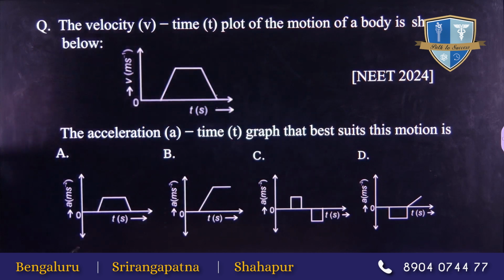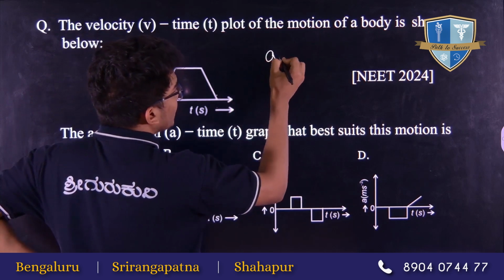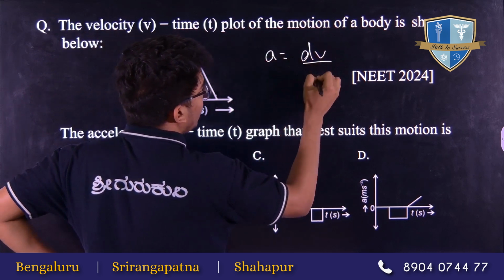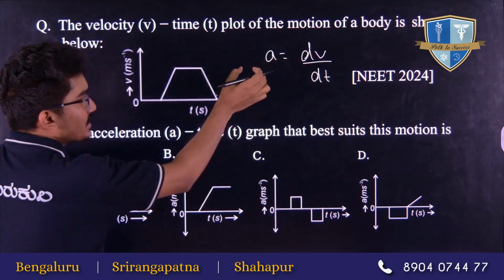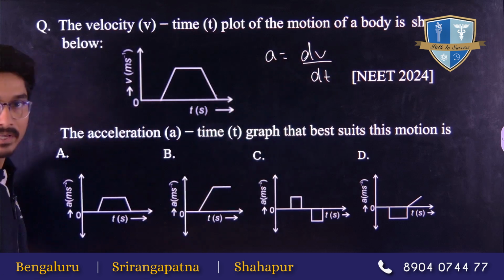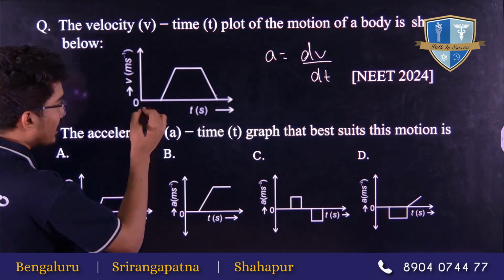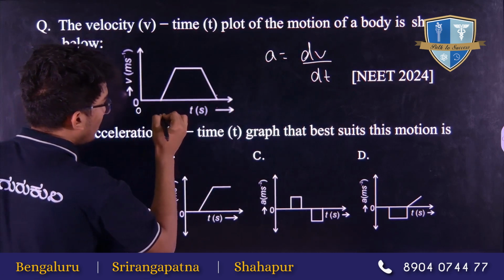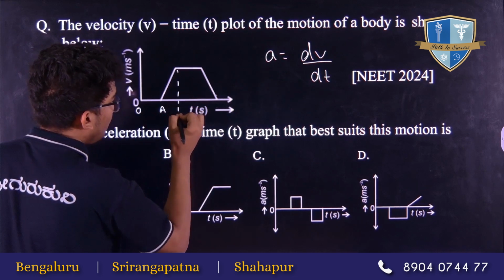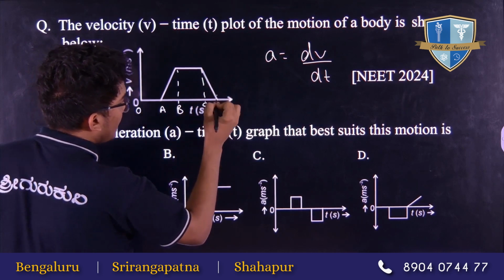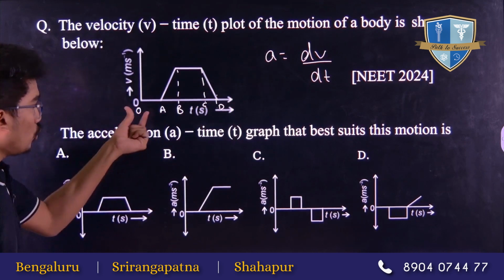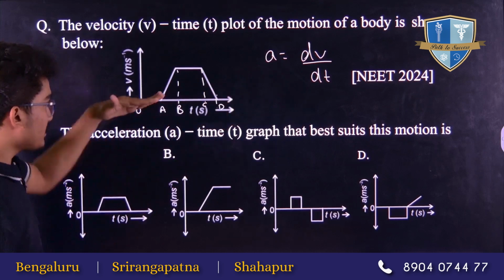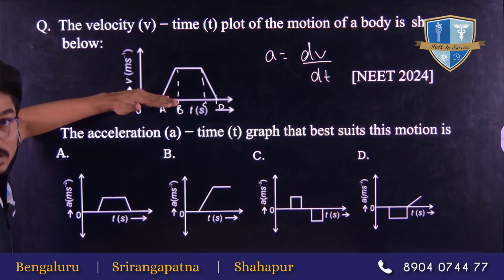Now I told you acceleration is equal to dv by dt, meaning acceleration is the slope of the velocity time curve. So let's see the slope in this interval. Let's take these points as O, A, B, C and D. From O to A, the slope of the curve is 0, meaning acceleration should be 0.